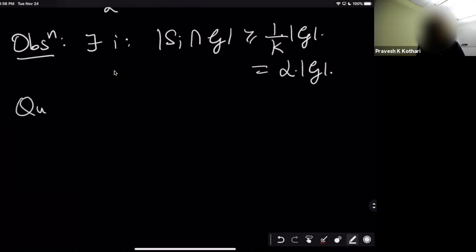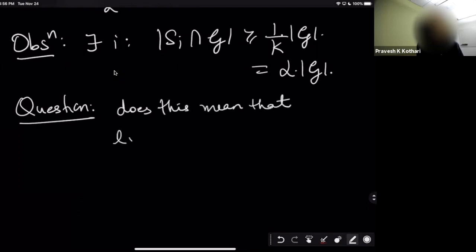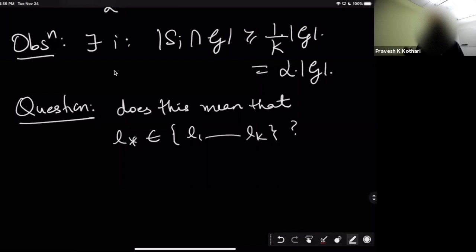So we can ask the question, does this mean that L star is in the list given to us? Well, let's examine, right? We know there is an Si that intersects G in not just some equations, but in fact an alpha fraction of the equations, just a constant fraction, right? So let's look at Li.